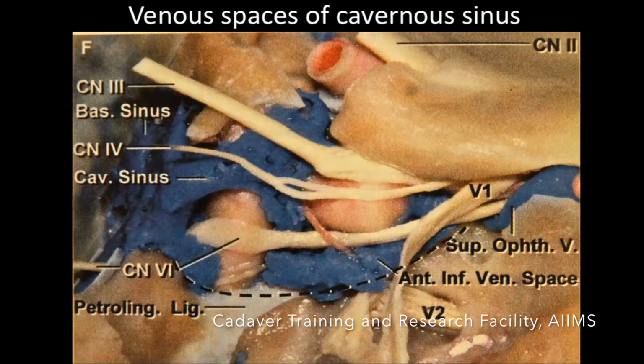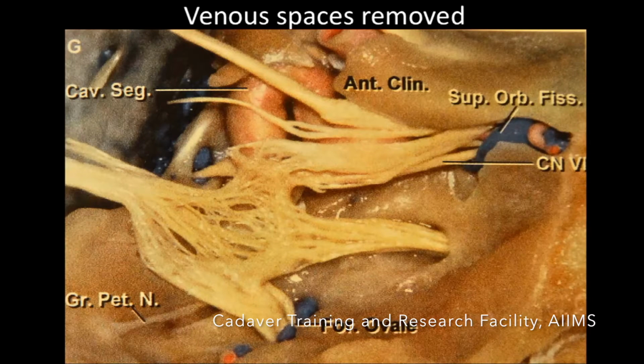Posterior superior venous space, anterior inferior venous space. So again you see V1, the sixth nerve, which comes like this. This is the petrosphenoid ligament which goes from the petrous apex to the lateral edge of the dorsum sellae. So this is Dorello's canal.